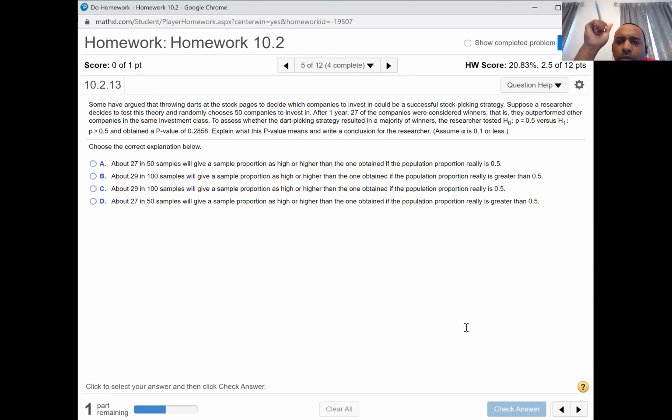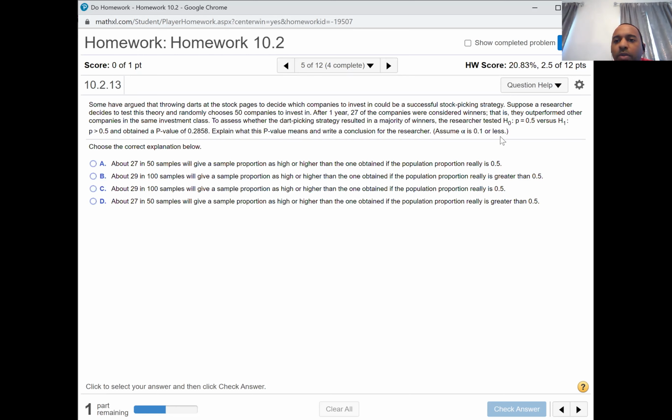After 1 year, 27 of the companies are considered winners. That is, they outperformed other companies in the same investment class. To assess whether the dart picking strategy resulted in a majority of winners, the researcher tested his hypothesis and obtained a p-value of 0.285. Explain what this p-value means and write a conclusion.